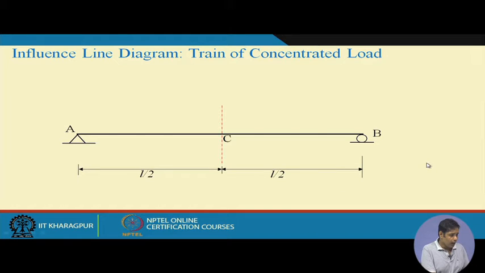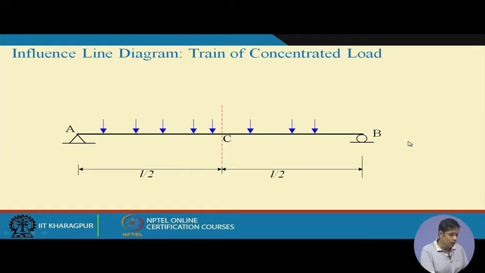Now, suppose this is subjected to a train of concentrated loads, and the distances between two consecutive concentrated loads remain the same; they do not change as the load moves on AB. This distance may be different for different pairs, but for any two consecutive forces the distance will remain constant as the load moves on AB.